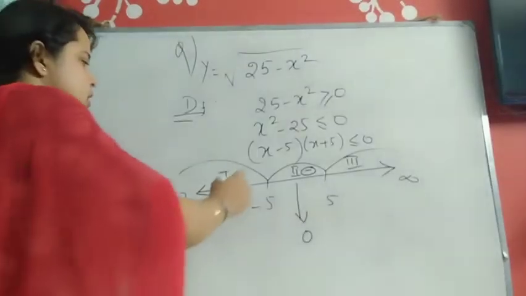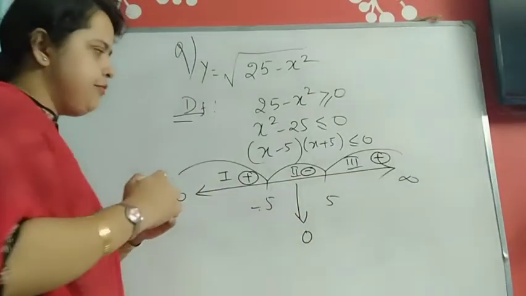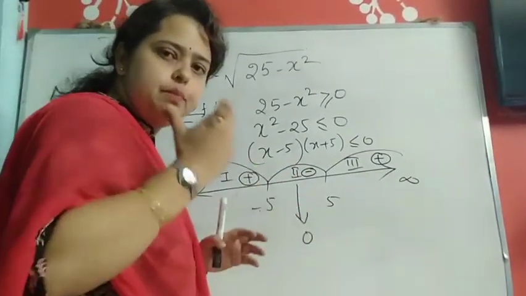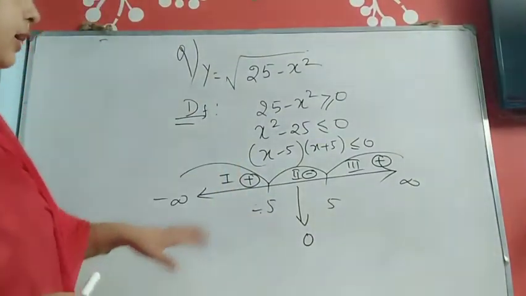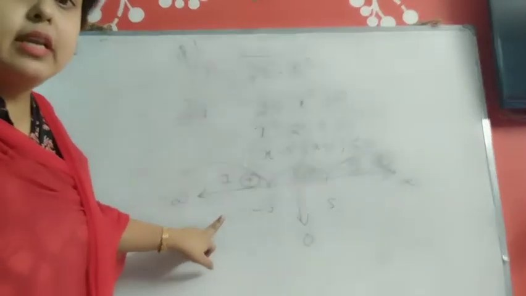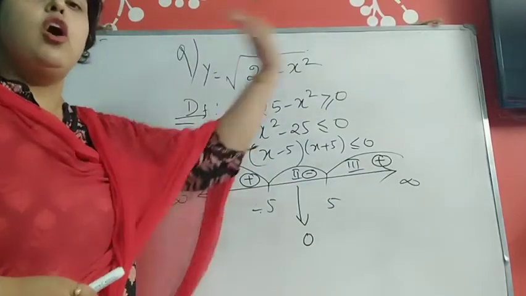Okay. Then the alternative. There is an alternative flow of the signs. Whenever the middle one is negative, the sides will become positive. Say I am starting with the first interval. If this first interval comes negative, then the next will be positive, then the next will be negative.